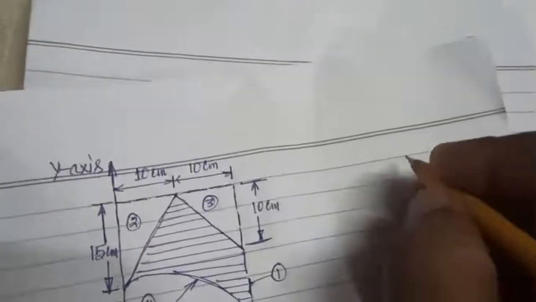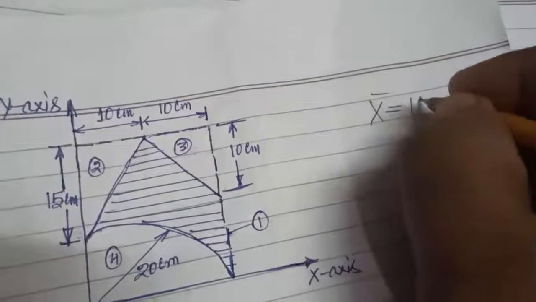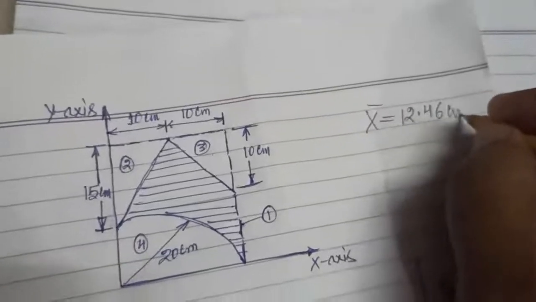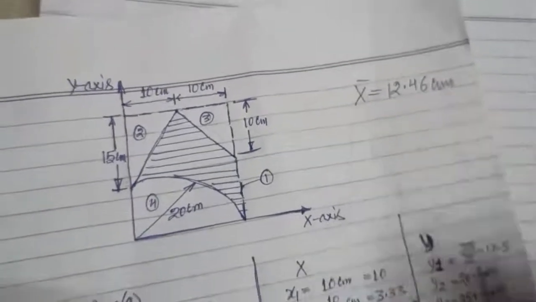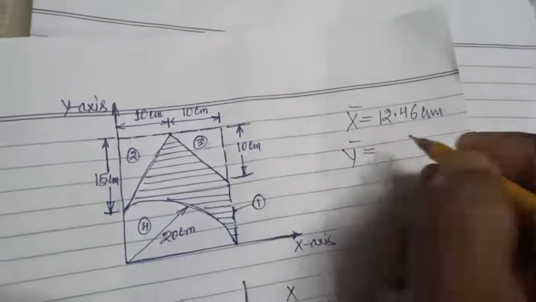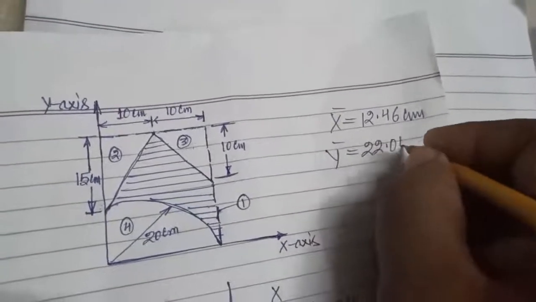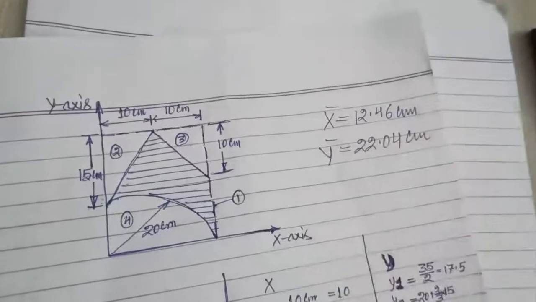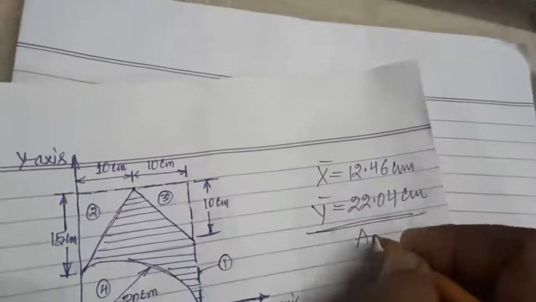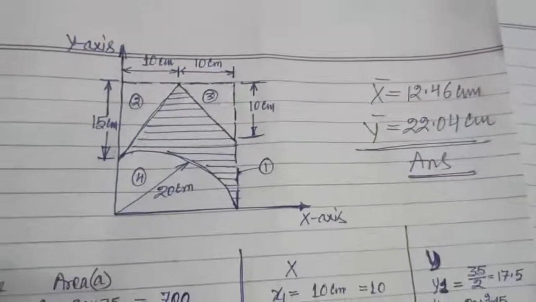So for this figure, x bar is 12.46 centimeter, this is from the y-axis, and y bar is 22.04 centimeter, from the x-axis. So these are the answers. Okay, thank you very much.